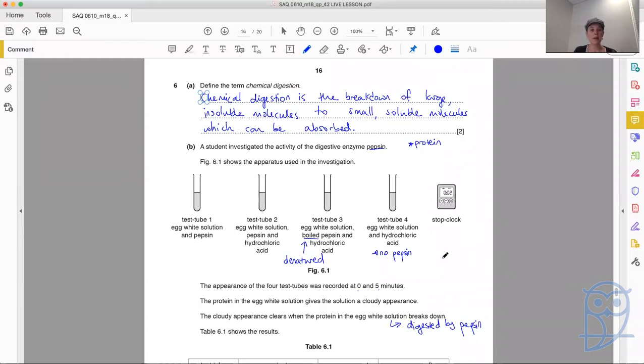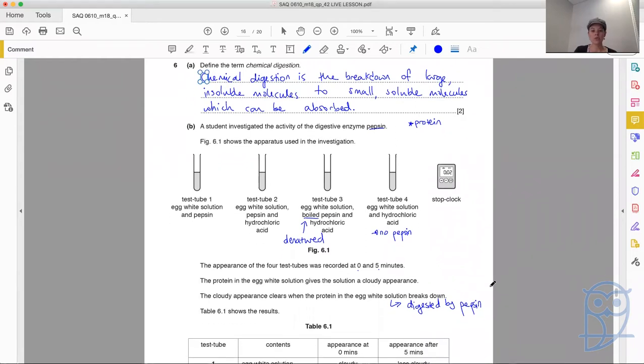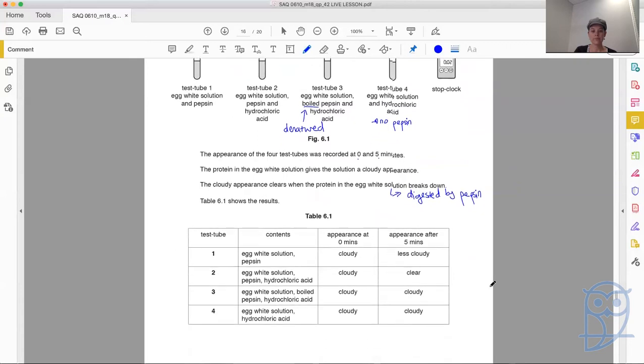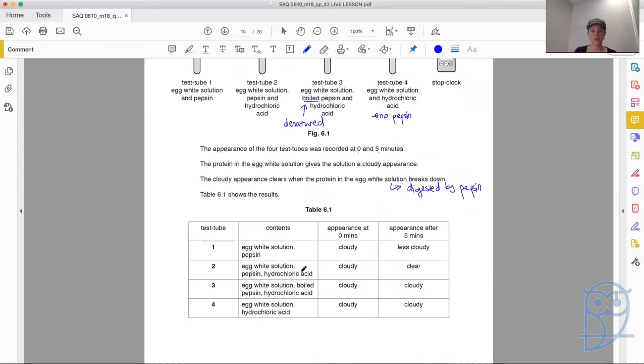So where we've got pepsin working, we would expect that cloudiness to clear. Table 6.1 shows the results. So we have the test tube, what's in the contents, what it looks like at 0 minutes. They're all cloudy, they all started in the same place, and what they look like after 5 minutes.